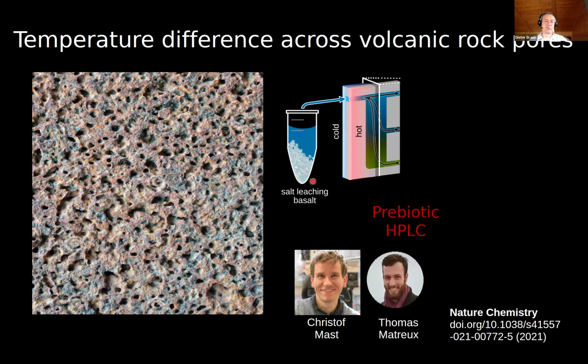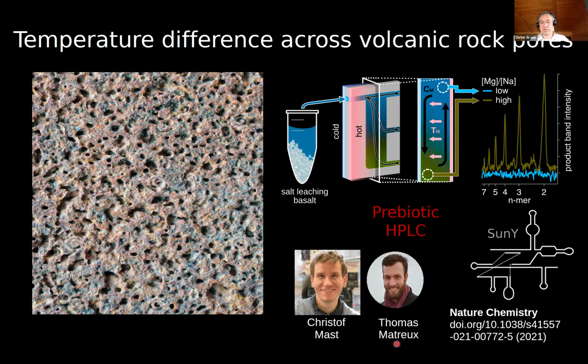He looked here, for example, at salt leaching basalt. And with Thomas Matreux, who is just finishing the PhD, they showed that at the bottom, magnesium accumulates much better than sodium. And there are some classes of ribozymes, like the Sun-Y ribozymes, which need more magnesium than sodium in this setting. Therefore, we can show that this is much more reactive in here.